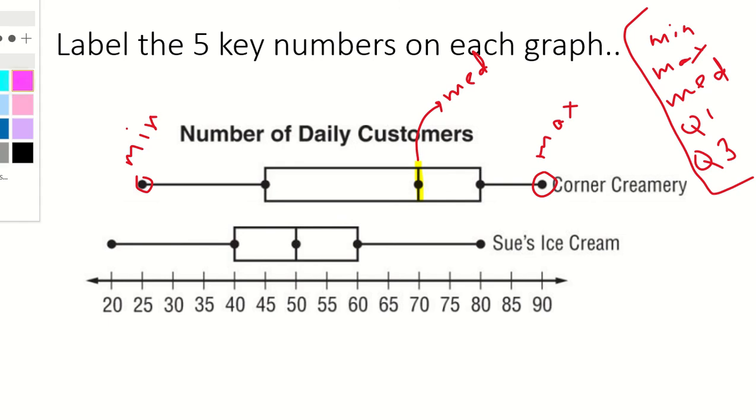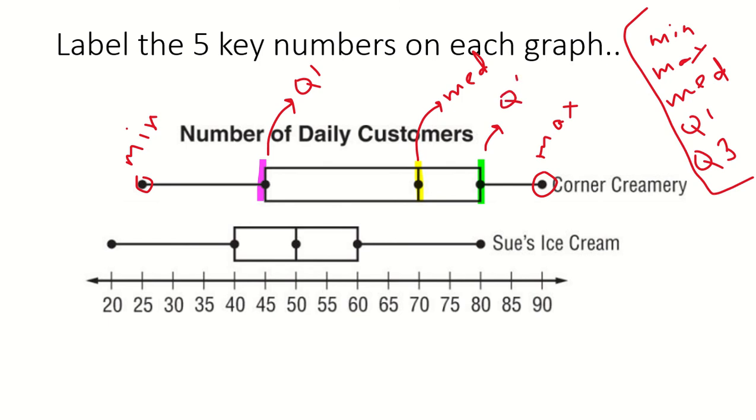The quartile 1, Q1, would be right there, the beginning of the box, and quartile 3 is right here. There you go. So instead of writing them as a list, we're labeling on top of the graph.